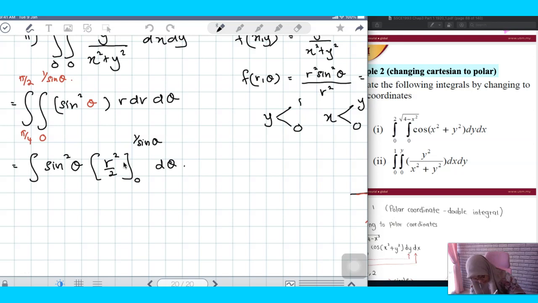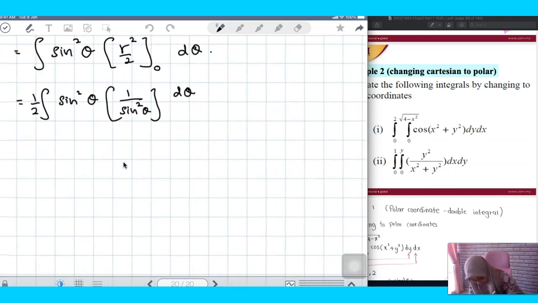Okay, and then simplify. So I can take out 1 over 2 outside, right? And then I have sine squared theta times 1 over sine squared theta d theta. It looks like the sine squared theta here can be cancelled out.